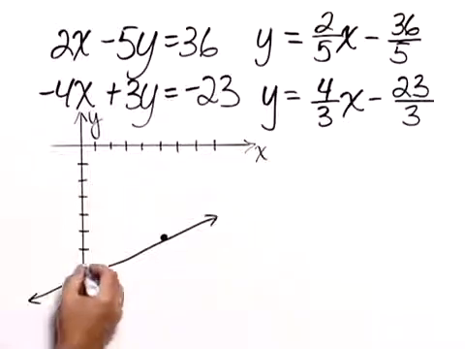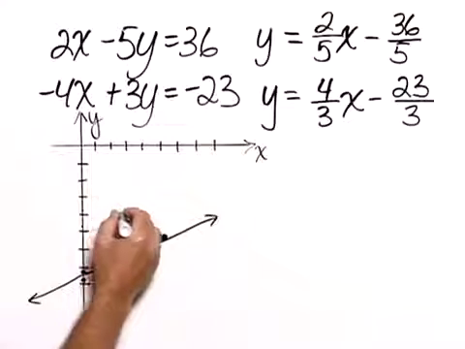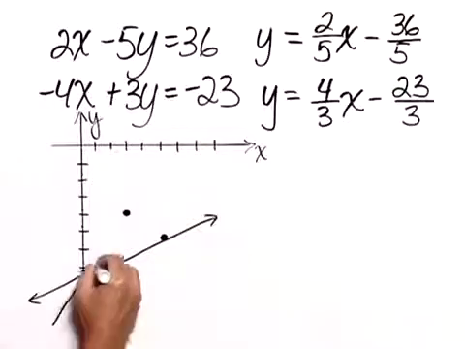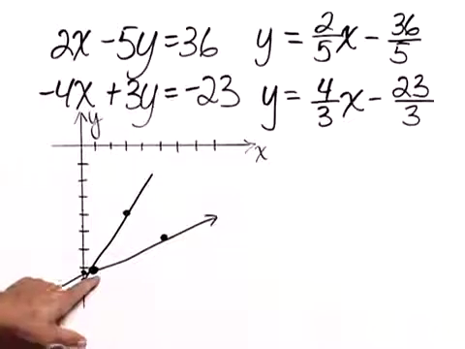So we would go up 4 units, 1, 2, 3, 4, and then go over 3 units to the right. Gives us our second point, and now we draw our line through those points.